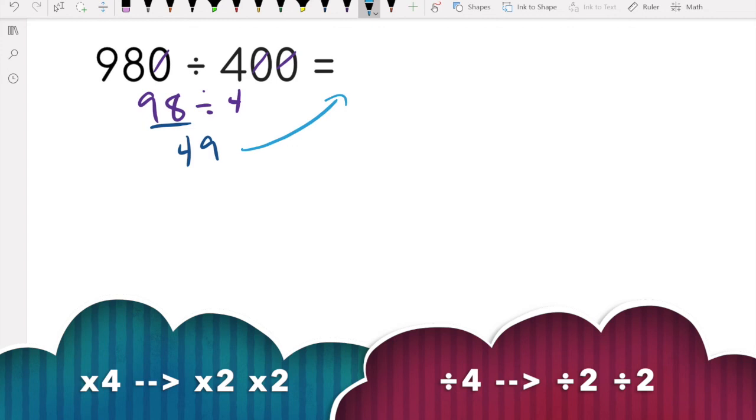You cut 50 in half, you get 25, so it is going to be 24.5. And then you have to look, does this answer make sense? 400 is going to go into 980 a little more than 2 times, definitely not 24. So my decimal actually is going to go right here.